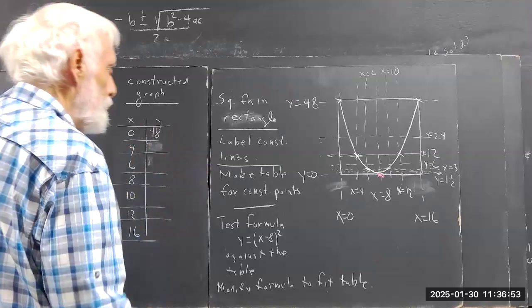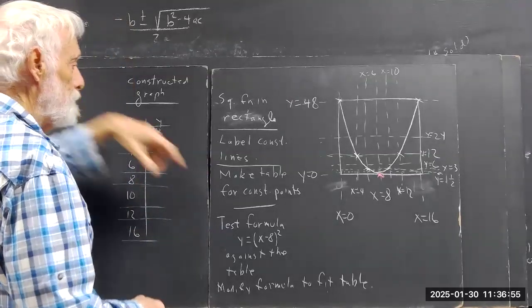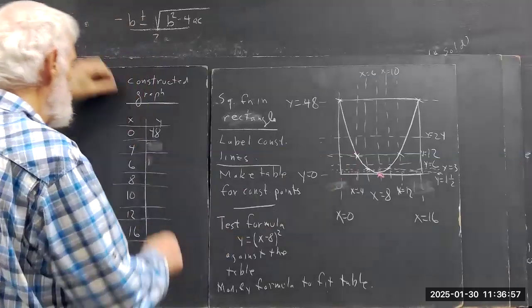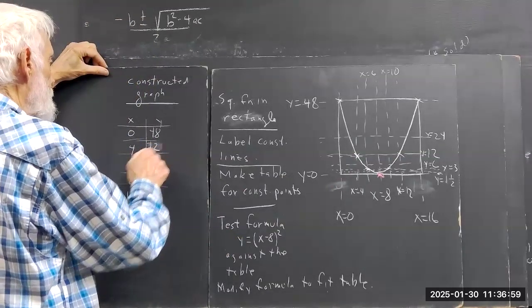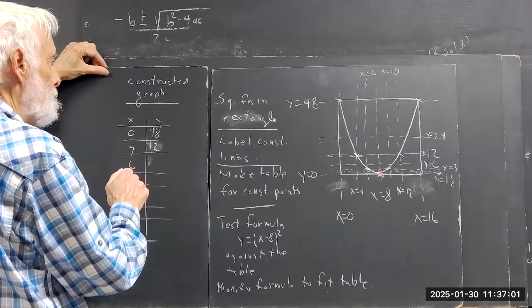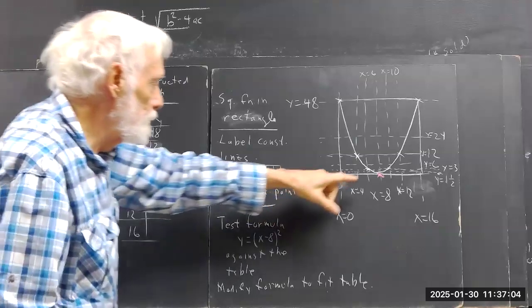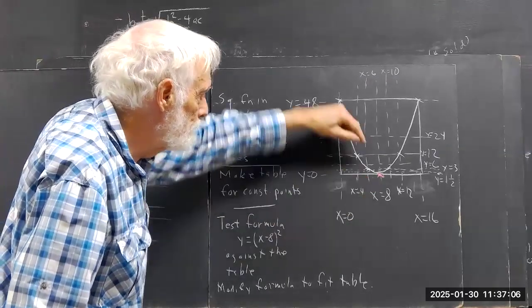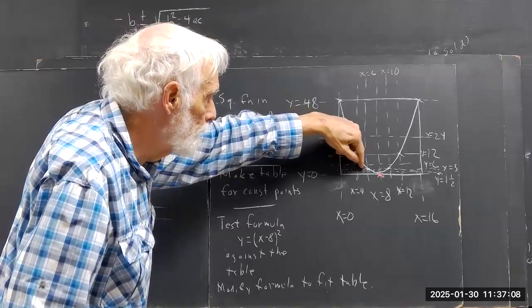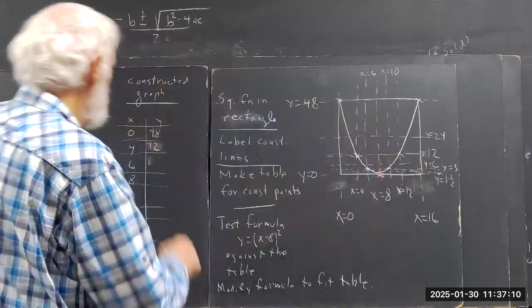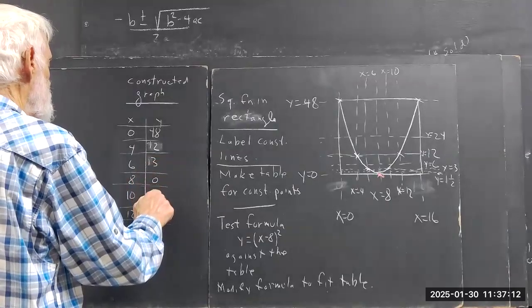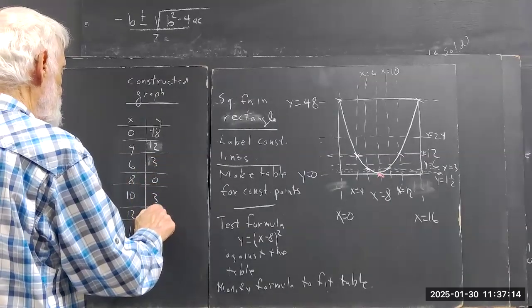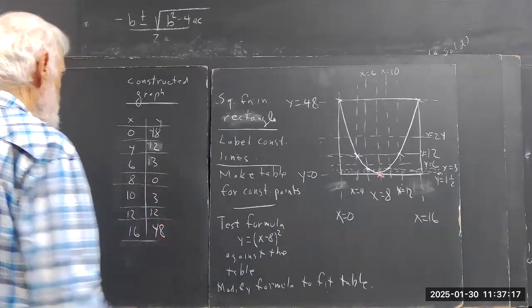Okay, and now for x equals 4, we have y equals 12. And for x equals 6, that would be here, y equals 3. We get 0, and we get 3, 12, 38.